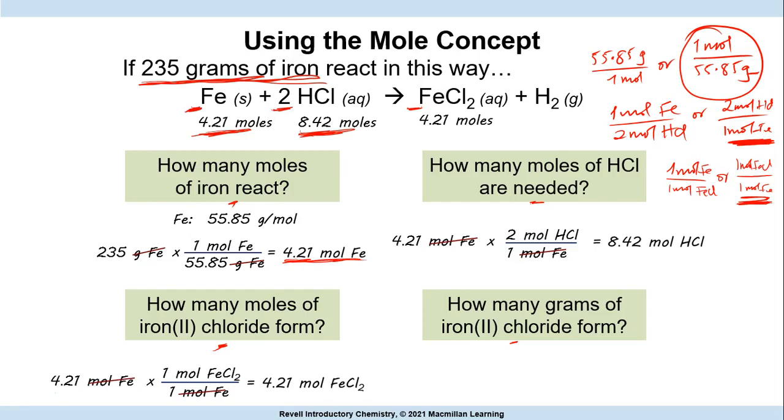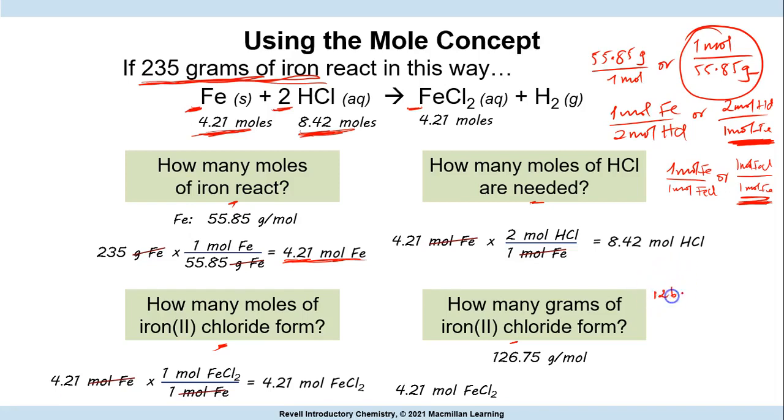Now the next question is, how many grams of iron 2 chloride form? Now we know the moles of iron 2 chloride. To move from moles of iron 2 chloride to grams of iron 2 chloride, we need to use the molecular mass of iron 2 chloride. So the next thing that you have to do is calculate the molecular mass of iron 2 chloride. And if you calculate that molecular mass, you will see that it is 126.75 grams per mole. Let's see the conversion factor that we are going to use.